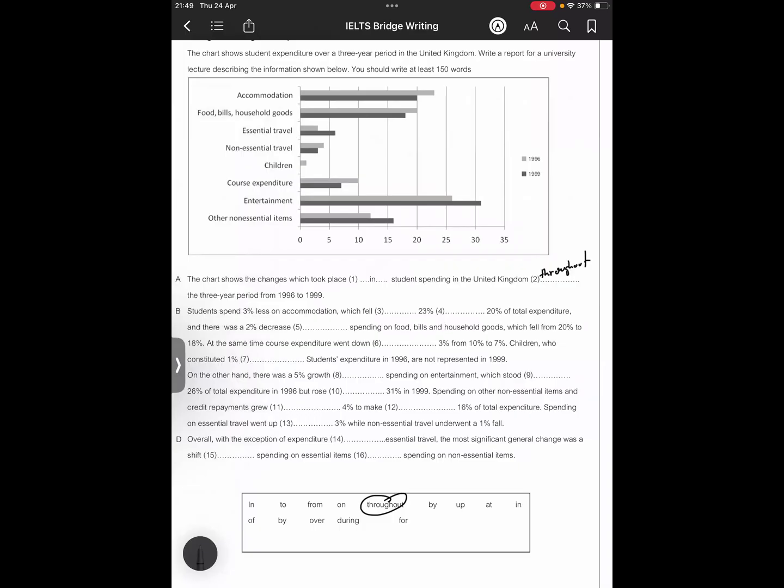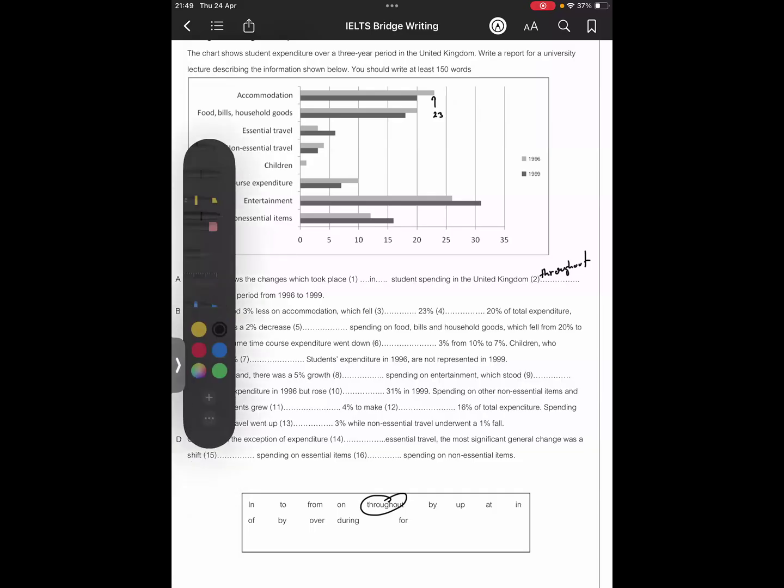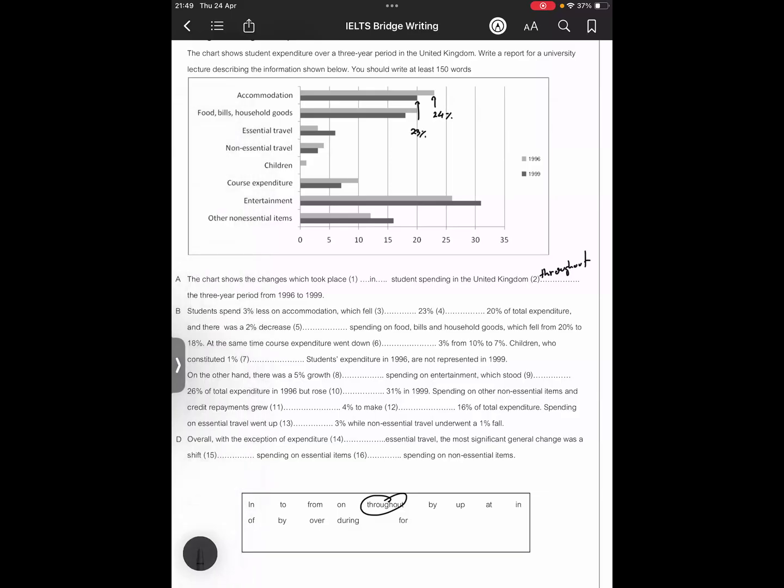23%, 20%. Let's look at accommodation. So this is about 24. Right, according to them, it's about 24. This is 23%. Okay, so we can say which fell from 23%.